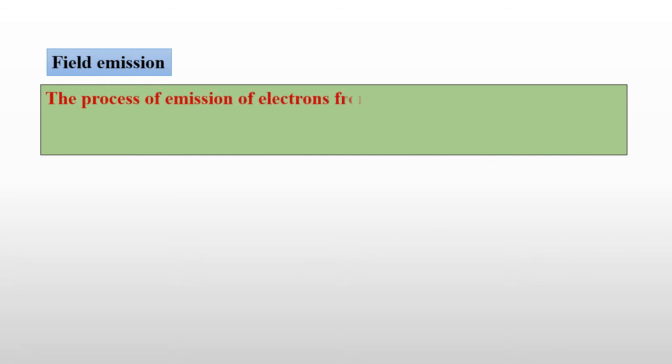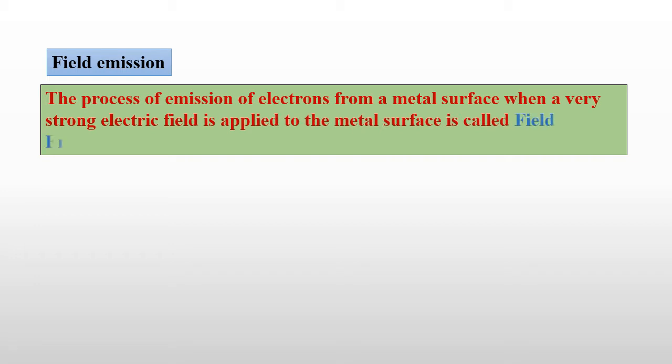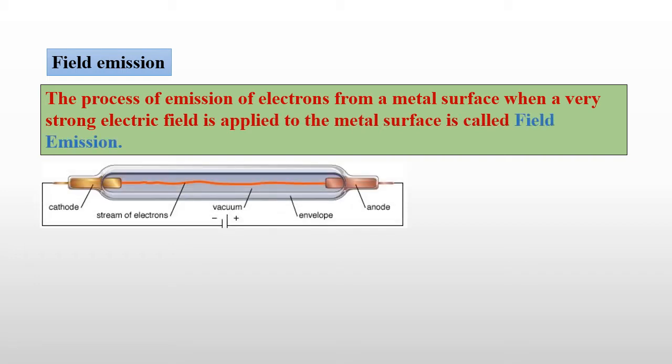Field emission. The process of emission of electrons from the metal surface when a very strong electric field is applied to the metal surface is called field emission. So this is an evacuated glass tube, connected with the positive and negative terminals of a battery. The negative terminal is connected to the cathode, and the positive terminal is connected to the anode.